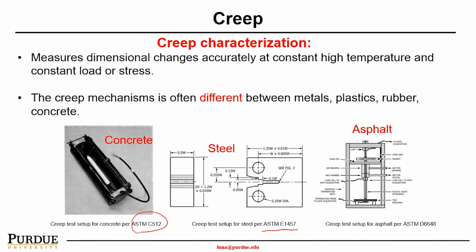You could have fracture material, brittle material, elastic material, or ceramic material. They are very, very different. So therefore, depending on what type of material, you have to go through different ASTM standards, which we'll cover again in week 3 in this class.